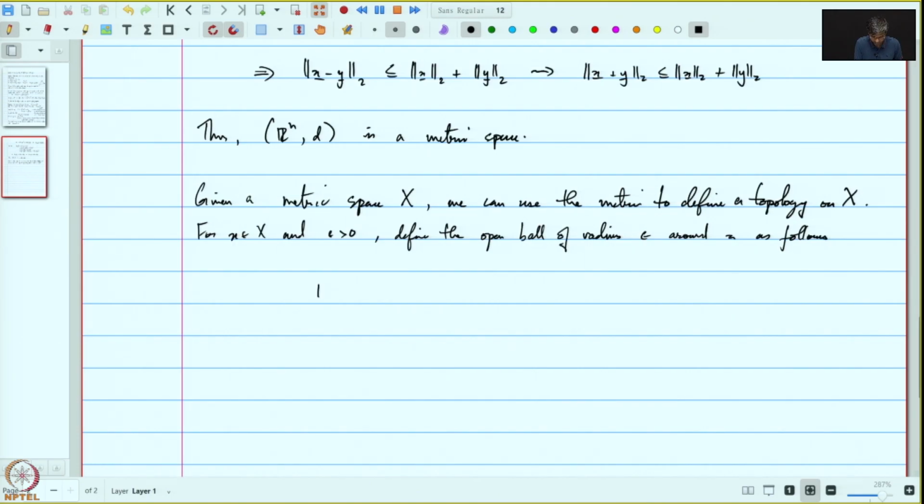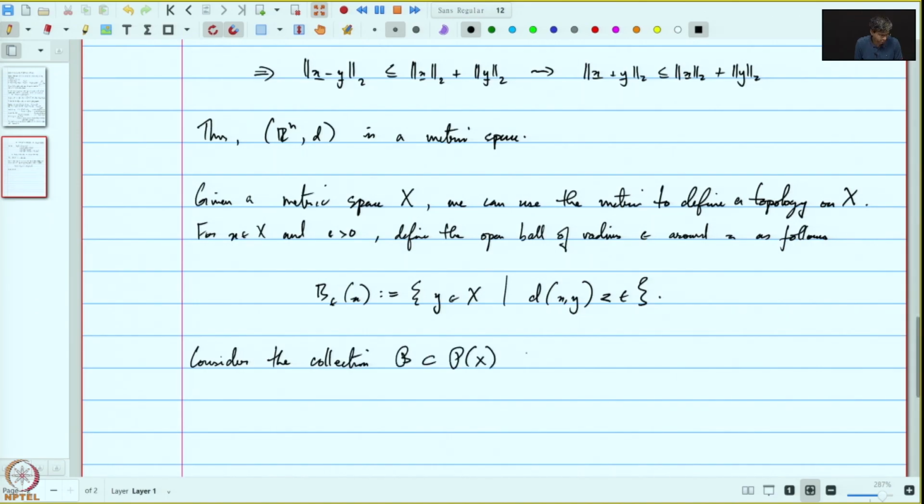B epsilon x is defined to be those y in X such that the distance of x from y is strictly less than epsilon. And we consider the collection, something which we are familiar with, B contained in the power set of X, so B is the collection of all these open balls around various points of X, x is in X and epsilon is positive.